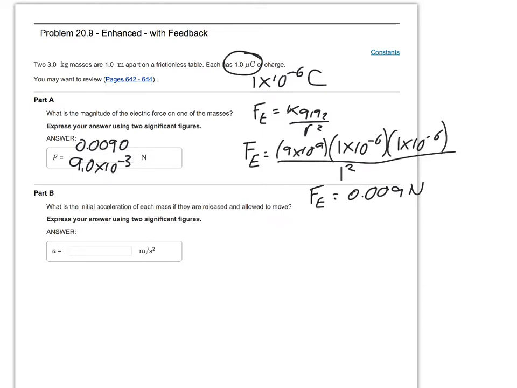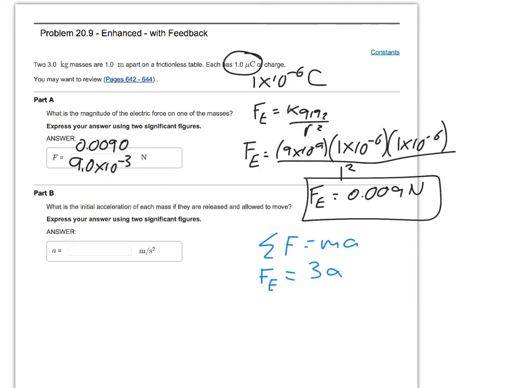For the second part, we want to figure out the initial acceleration of each. And so for that, we're just going to be thinking about F equals ma. The only force we have acting on them is Fe. So Fe is going to be equal to the mass of these objects, 3, times their acceleration.